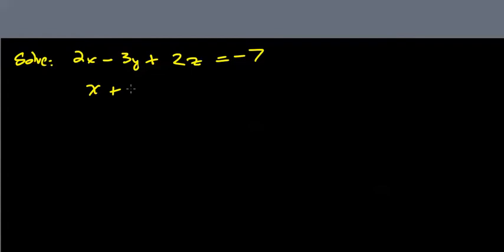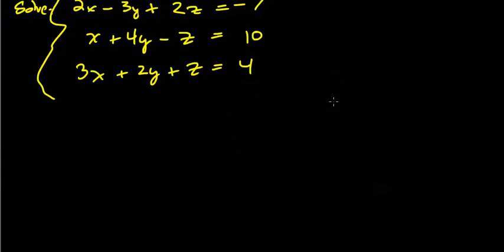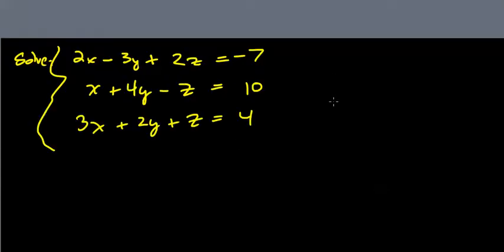X plus 4y minus z equals 10, and 3x plus 2y plus z equals 4. Again, this is a 3 by 3 system. 3 equations with 3 unknowns, and I have to solve for x and y and z simultaneously.